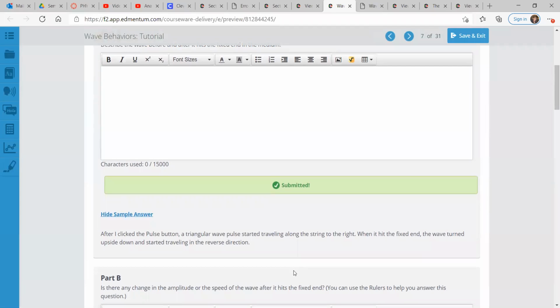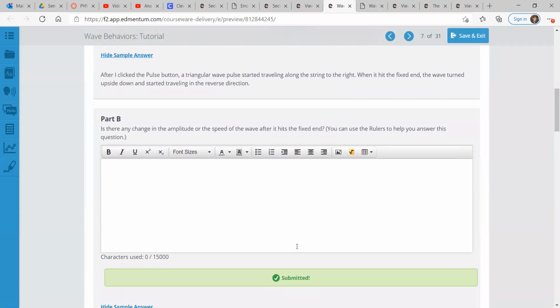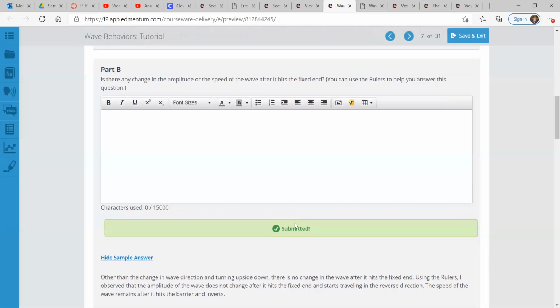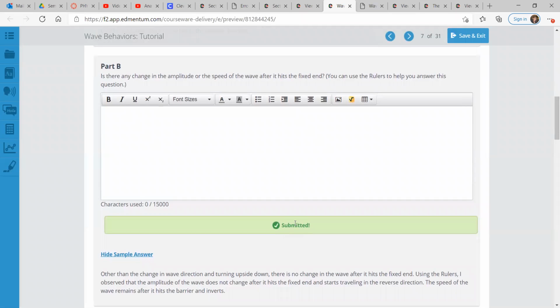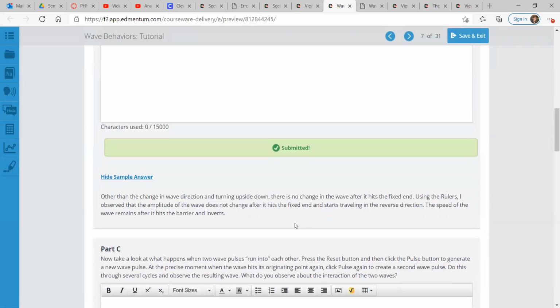After I clicked the pulse button, a triangular wave pulse started traveling along the string to the right. And then when it hits that fixed end, the wave turned upside down and traveled in the opposite direction. Other than the change in wave direction and turning upside down, there's no change in the wave after it hits the fixed end. The speed of the wave remains after it hits the barrier and inverts.